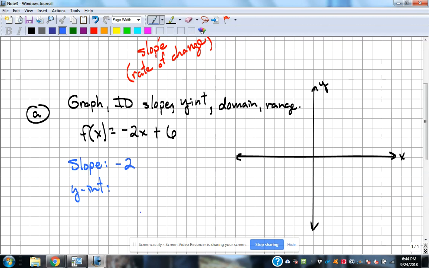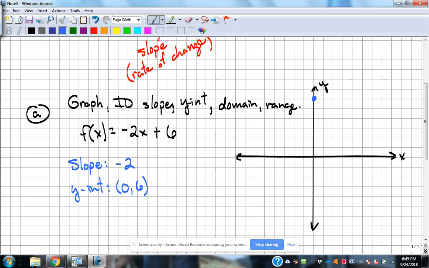So the y-intercept is at positive 6. Its ordered pair is 0, positive 6. So what that means is I'm going to go to positive 6 on the y-axis. 1, 2, 3, 4, 5, 6. I'm going to put a dot.